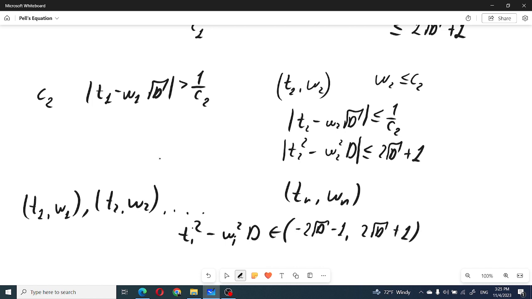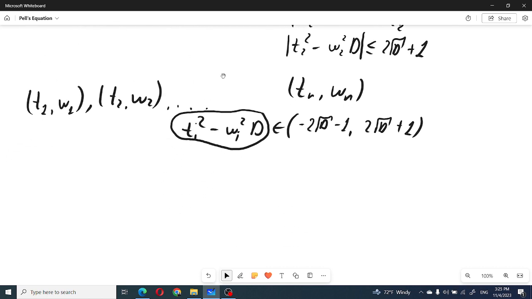Because we can generate infinitely many such pairs, there will exist a number k such that tm square minus wm square d will be equal to k for infinitely many tm and wm.